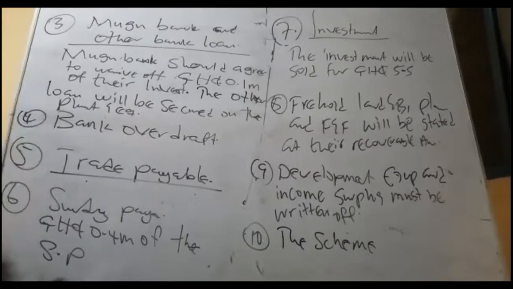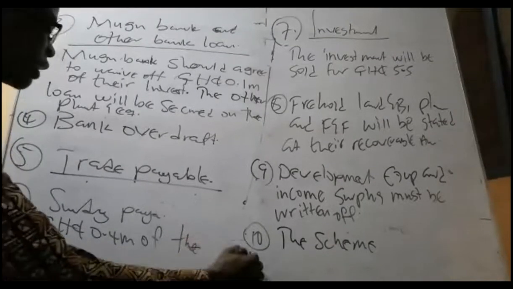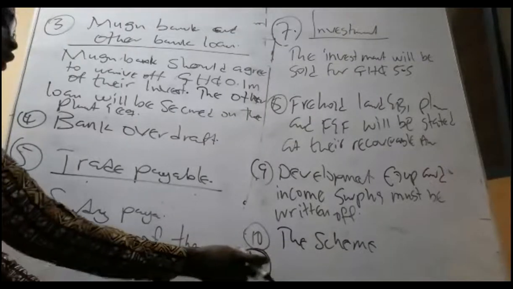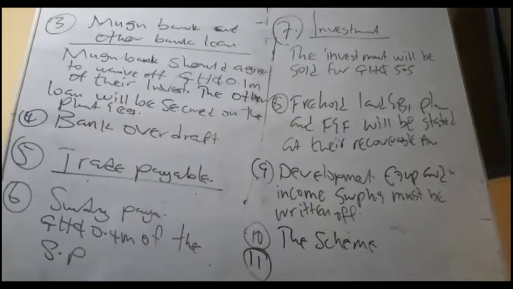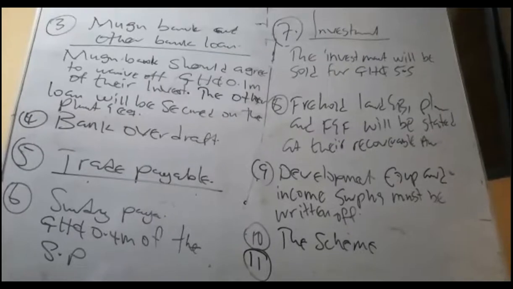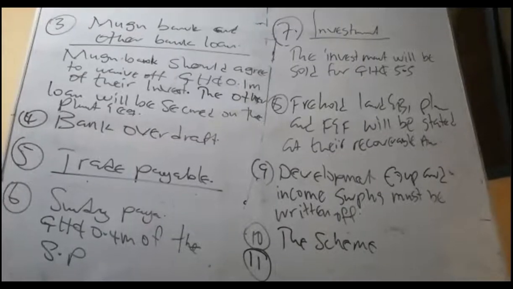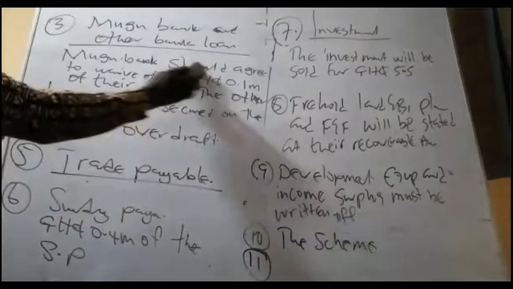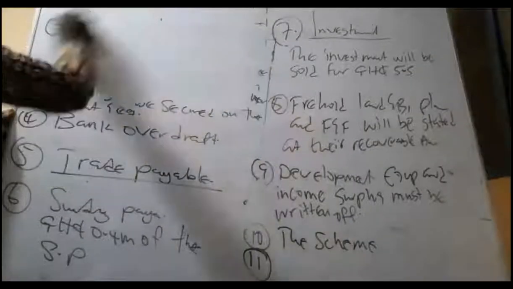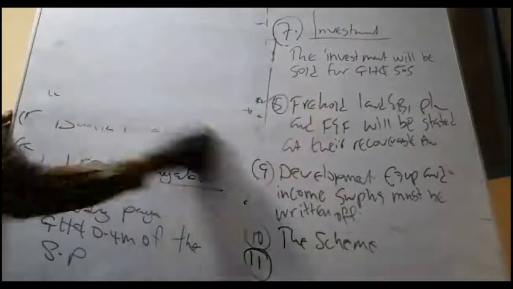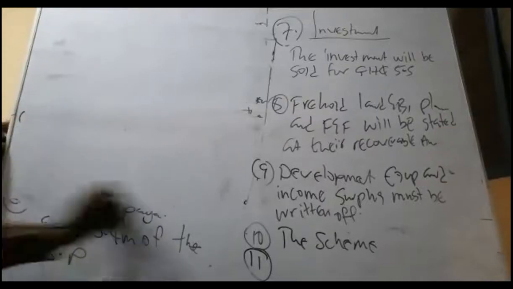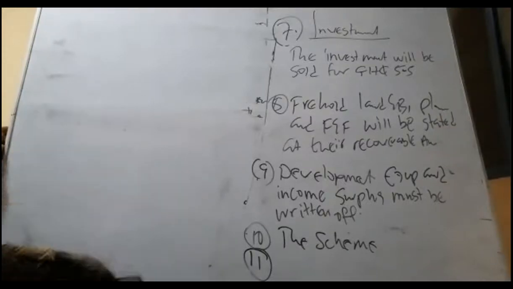Then the last one, please, it must be part of your last one. The last one that everybody must write: the scheme holds a promise of future profits. I like that statement. Let me clean it and write it here. So it must be your last point.